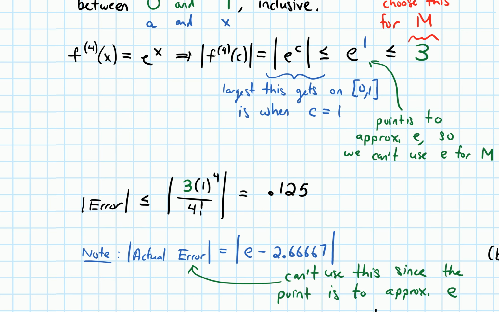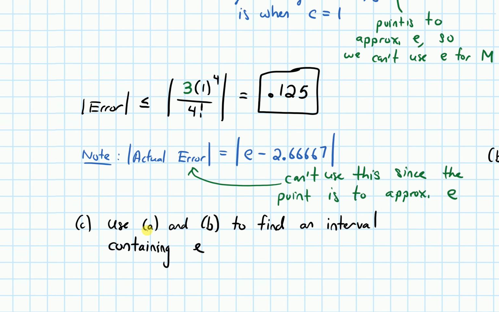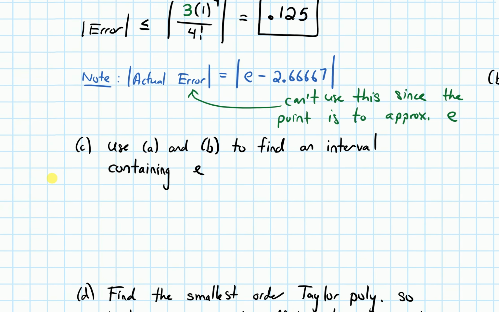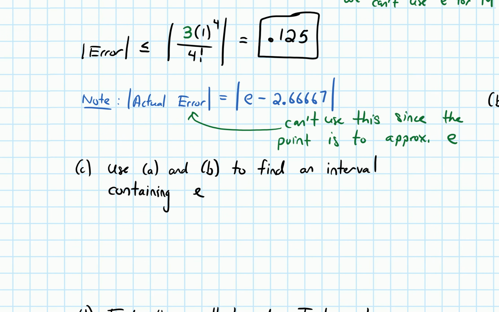All right, so 0.125, that was the answer to part B. We got an upper bound for the error. Let's move on to the next part of this question. So now let's use parts A and B to find an interval that contains E. What we know now is that E is in between two values.